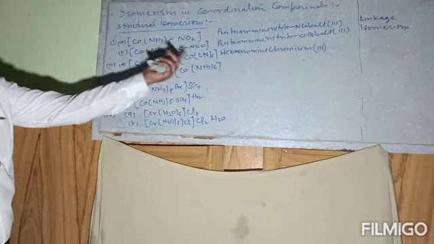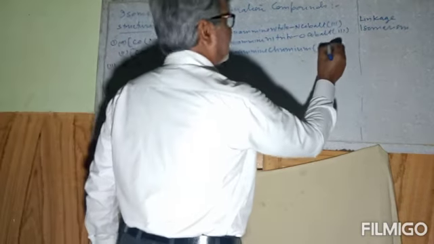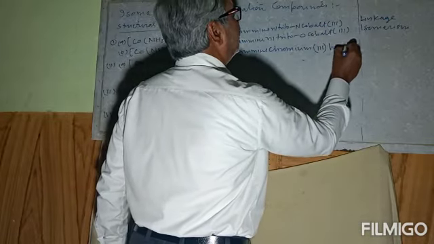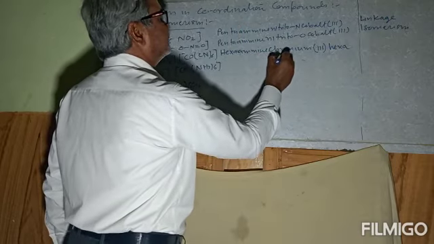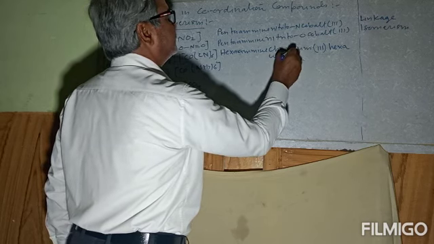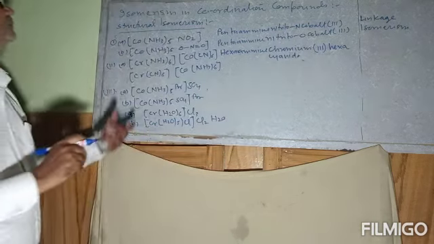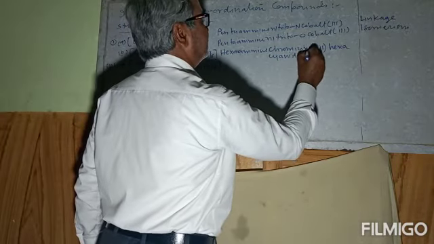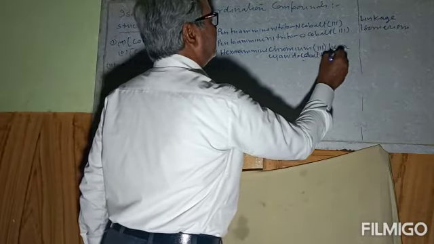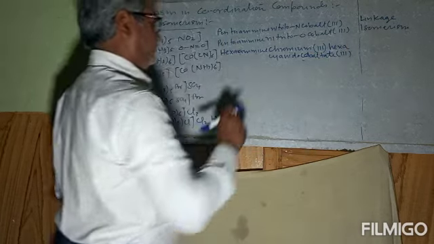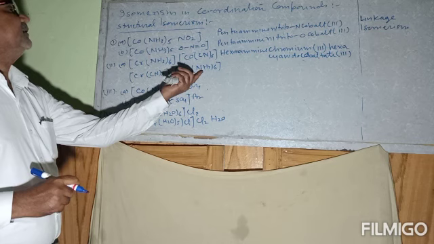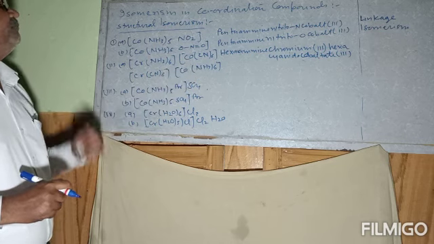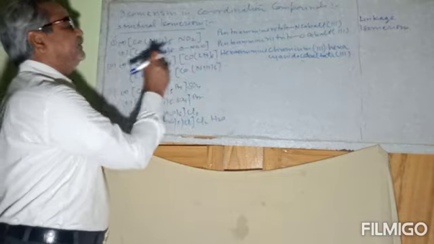And now the anionic part, hexacyanido cobaltate(III). This is the full name of this compound. And the name of this compound: this part is the cation, therefore this part will be named first.